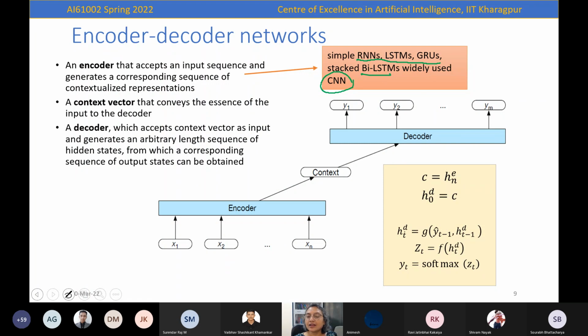The decoder is said to be an autoregressive generator, where Yt is output depending on y hat t minus 1 as well as the previous hidden state, and the decoding goes on until a special symbol called end of sentence is generated in the case of machine translation, because there is no fixed length of the sentence.